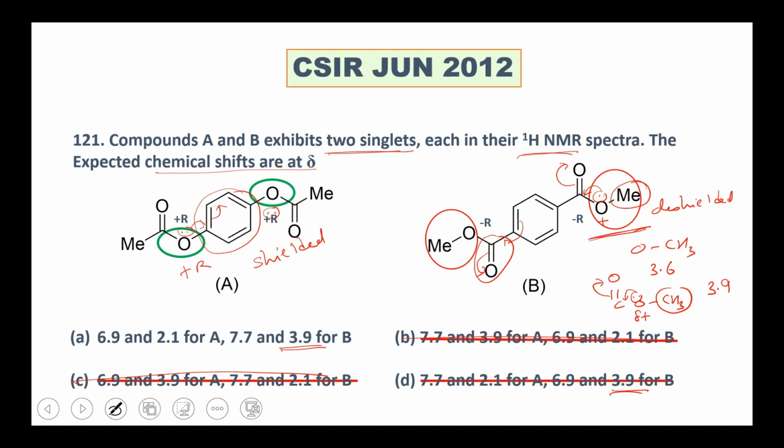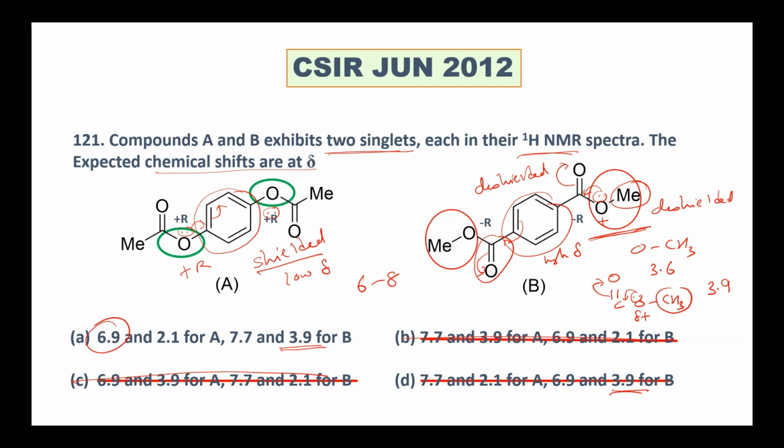Here the benzene ring will be de-shielded compared to the A benzene ring. So the A benzene ring should have a lower value. Shielded means low delta, de-shielded means high delta. Benzene has a range of 6 to 8. So 6.9 for A and 7.7 for B will be exactly right. So 7.7 for A and 6.9 for B will be wrong. So the answer is option A.